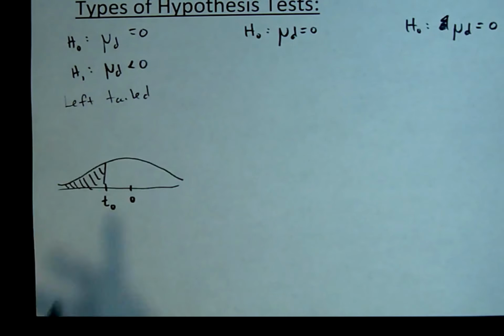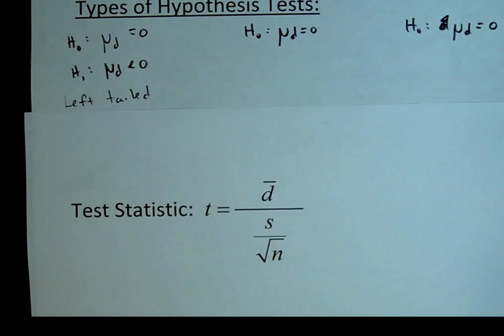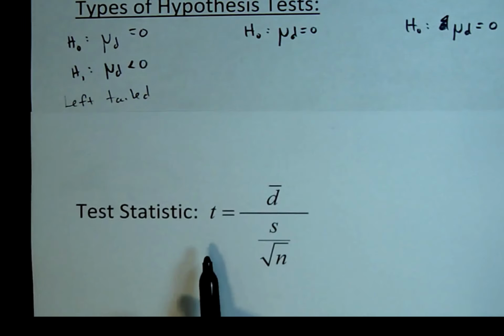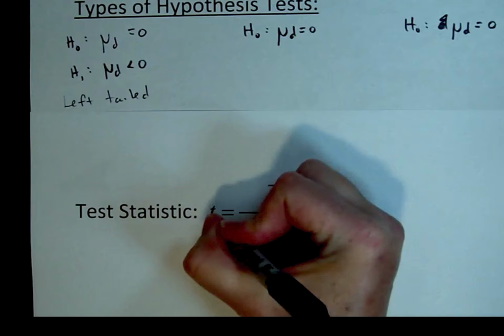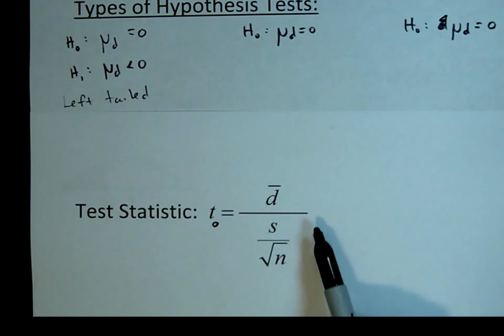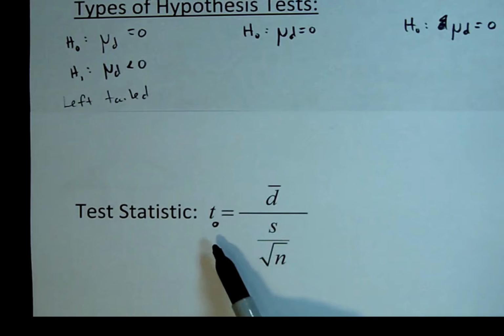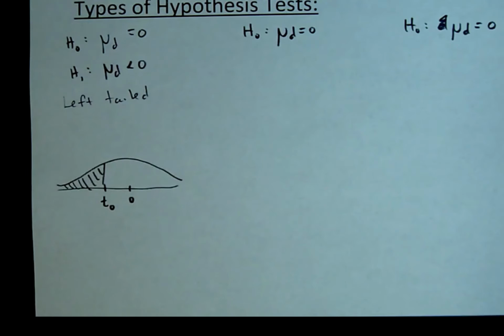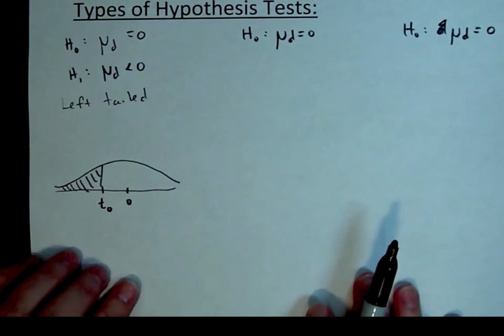And you can just glance down the page a bit to see the formula for the test statistic, and we'll come back to that. And the book usually calls that t naught, so I'll go ahead and put a naught in there. And we've seen before that with means we tend to use the t distribution. Okay, so that's true even when we're doing the difference of two means. We're using a t distribution.